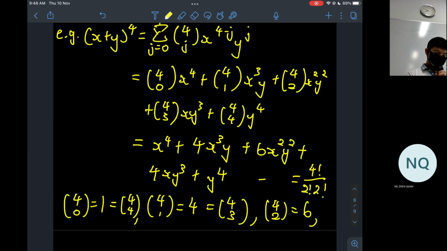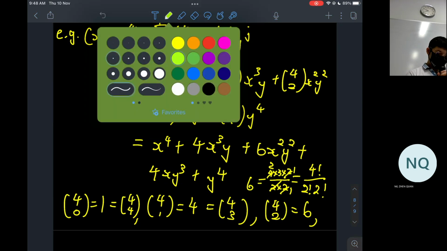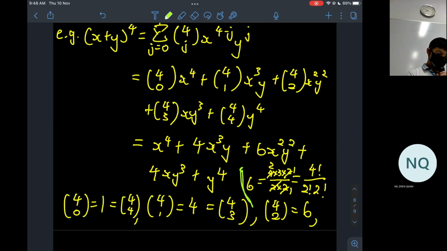Which is equal to 4 times 3 times 2 over 2 times 2, which is 2 times 1, 2 times 1, which is equal to 2 times 3, which is 6. Believe me, and you can go and compute this one.